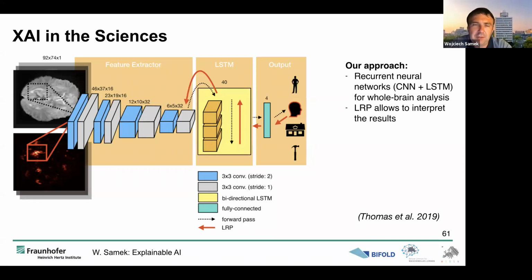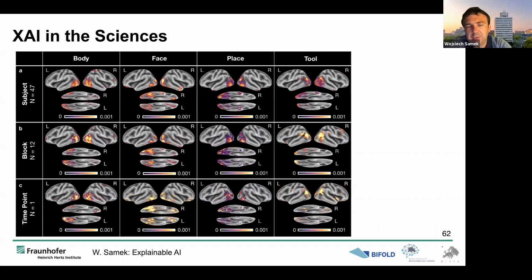And the fMRI signal is high dimensional data. So you have a 3D brain volume, and you also have measurements at different time points, and we trained an LSTM CNN model for that and applied LRP to it. And the cool thing is that you get these explanations not only for every subject and every block of trials, but also for every single trial, for every single volume.